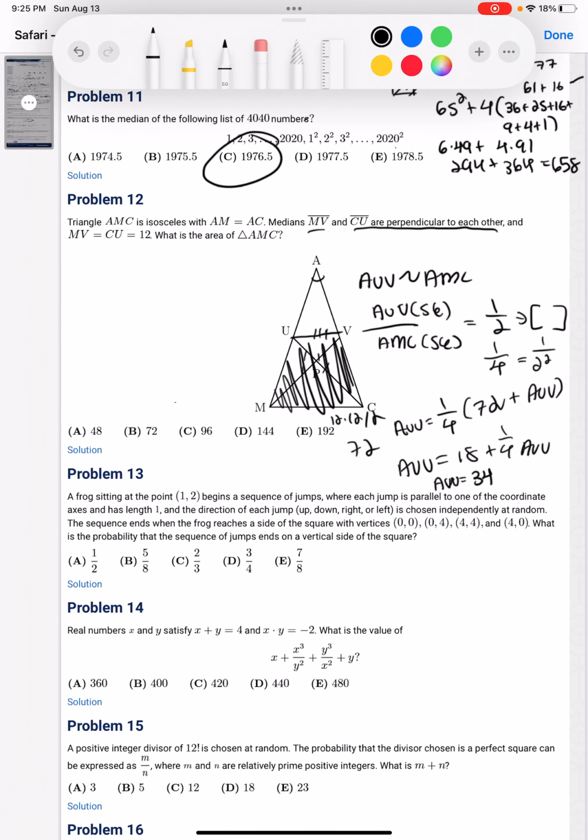Which means that 34 plus 72 is... not 34. Where'd I get 34 from? Let's go back. Okay, so we know that 3/4 AUV equals 18. 72 equals 3 AUV. AUV equals what? 26, right? 24. 24 plus 72 is 96. See, and we're done with the first 12 questions.